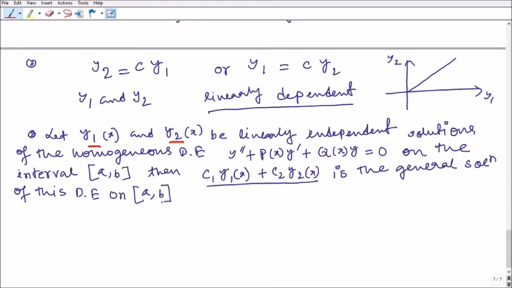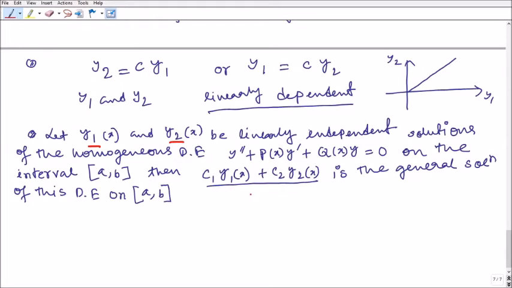So any type of solution can be obtained by suitable values of c1 and c2. So this is the general solution.